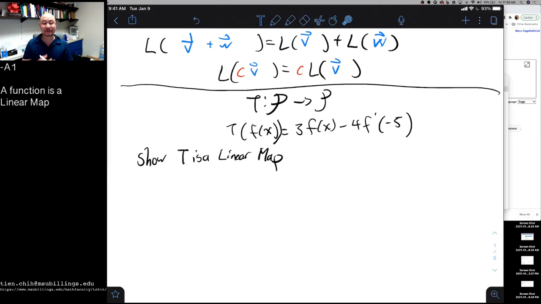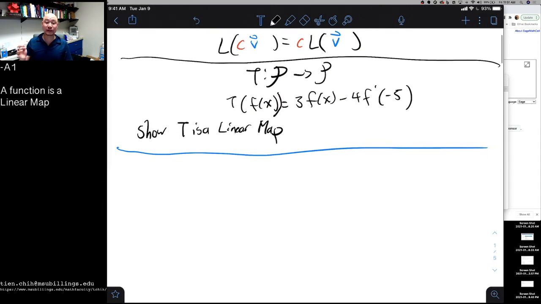So this is at least a valid map, and I want to show that it's a linear map, meaning I need to show these two properties. The first thing I'm going to start with is showing the sum preservation.